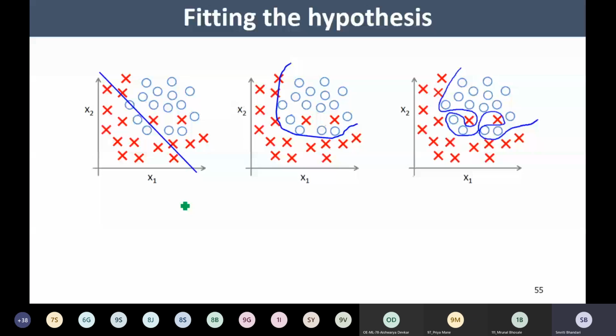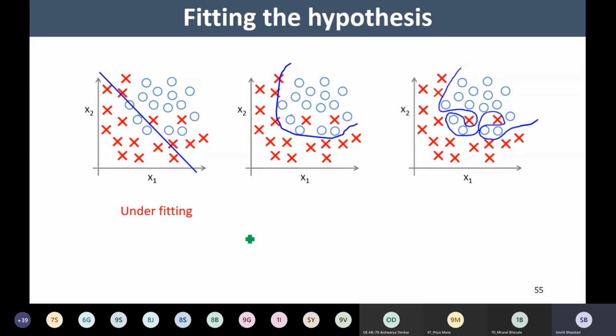So with respect to this, we have these three functions, and I'm going to tell you how to categorize these functions with respect to their ability to fit the training data. If we look at the first figure, we say that this is underfitting. You might have heard this word. These words are popularly used while describing the hypothesis or learning algorithms with respect to the given data.